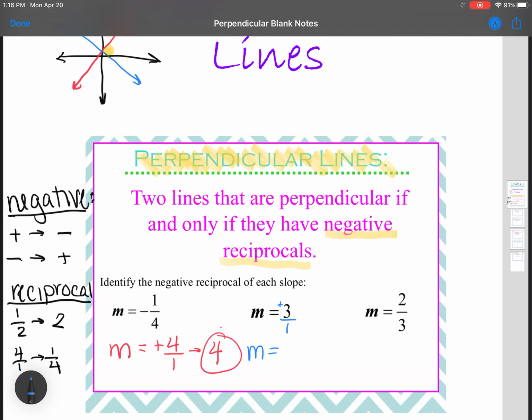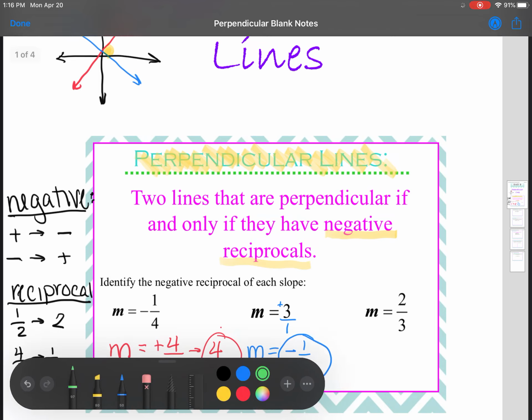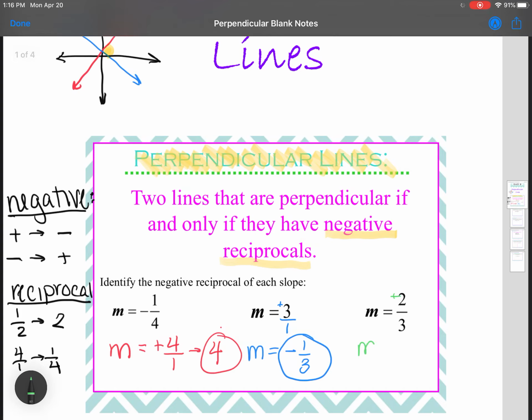If it's positive already, the negative part will be negative. Reciprocal, 3/1 becomes 1/3. Negative 1/3. And my last example here, I have 2/3. It is positive, so my negative reciprocal is going to be negative, and then I'm going to flip it, 3/2. So any perpendicular line is going to have the negative reciprocal slope of the original slope.